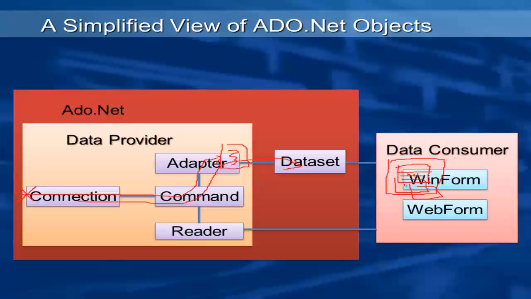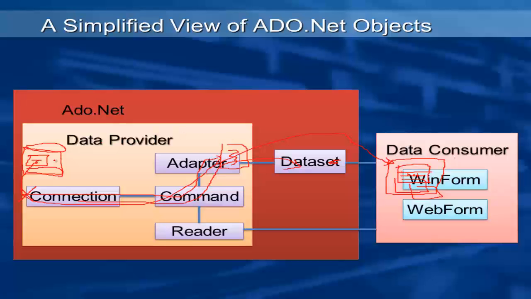So you have many tables. You can read the data and fill the local copy. In the database you have the tables. You read the data from the table and fill the local copy of the table in your application, that is, in the data set.